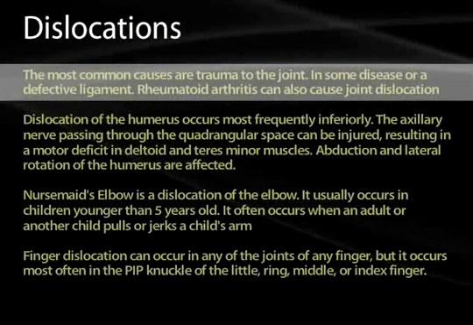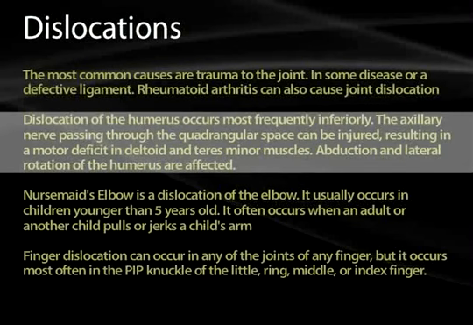When we think about dislocations, the most common cause is trauma, though some diseases or defective ligaments could be the cause, like rheumatoid arthritis, which can also cause joint dislocation because of the malformations that start to take place from the long-term inflammation that eats away the bony architecture.